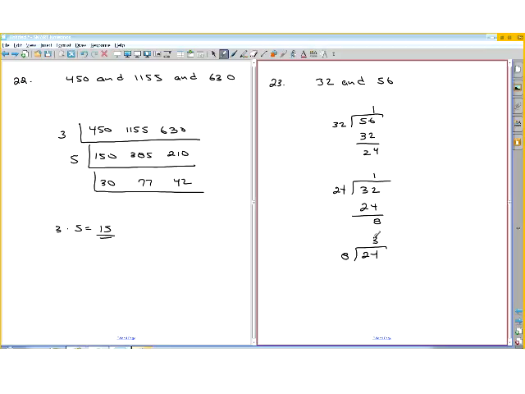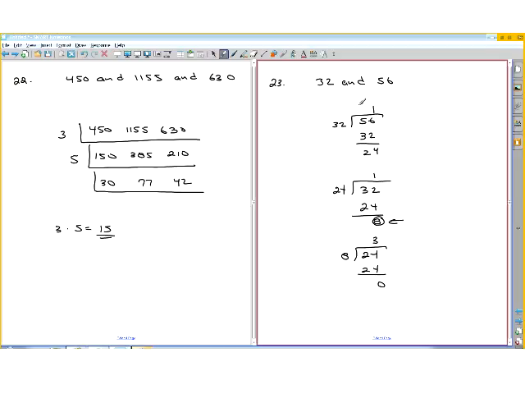And when you do that, you get 3, and that's 24, and you get a 0 remainder. And so it looks like this number here is the one. So they're saying 8 is that. And can you divide 32 by 8? Yeah, 4 times. Can you divide 56 by 8? 7 times? Yes, so it works out right.